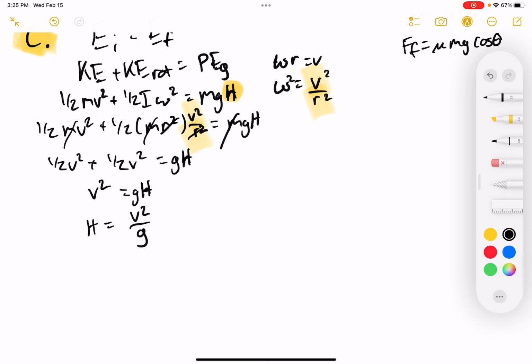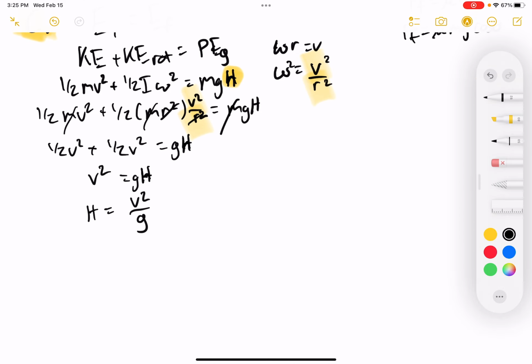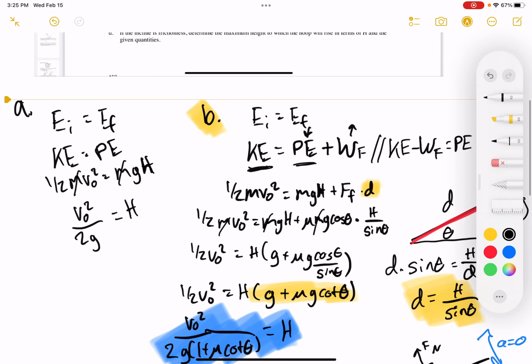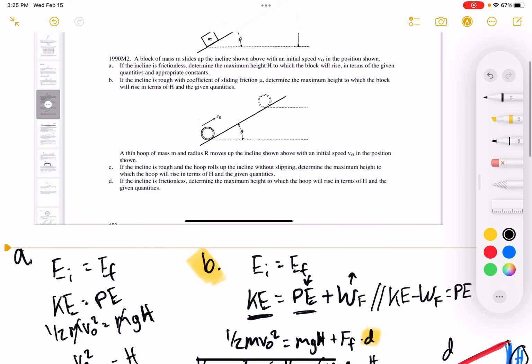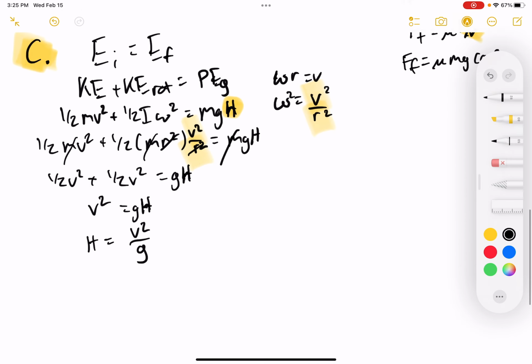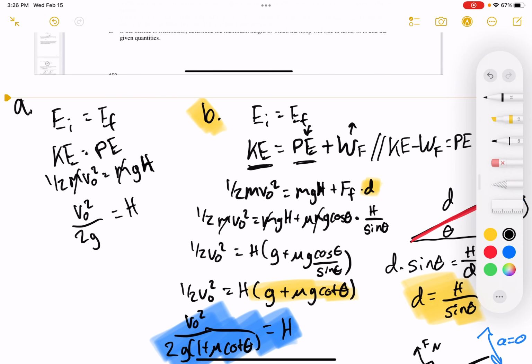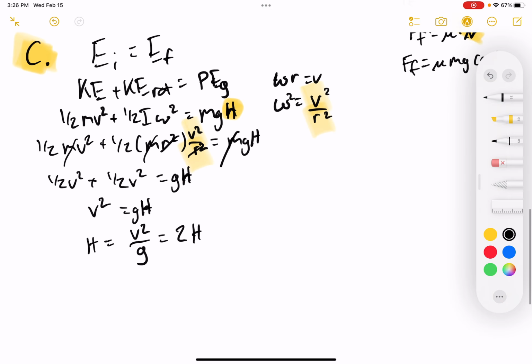So that one is a little tricky, but not too bad, okay? And so this means that this new H is going to be double the old H. If we look at what the problem says, in terms of that capital H, this is equal to 2H of the original H. So if in part A, v0 squared over 2g is H, then this right here is going to be double that.